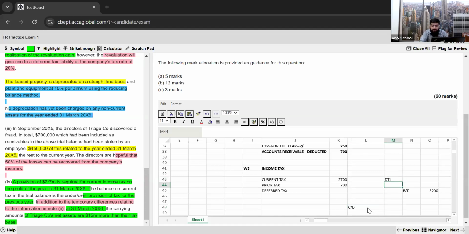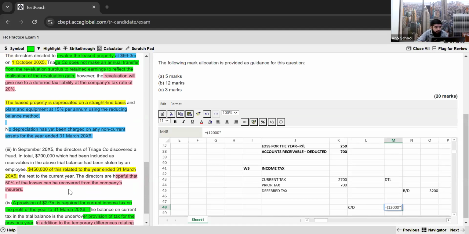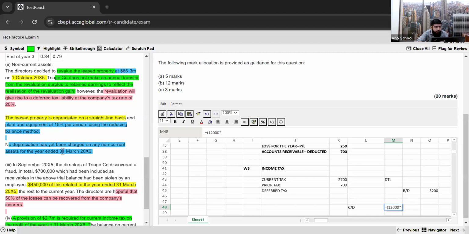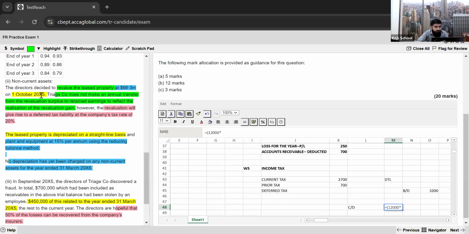So 12 million, yes, 12,000, and we will apply the tax rate to calculate the deferred tax liability, and the tax rate is 20%, which is given in adjustment number 2. Now, this will give you the deferred tax liability closing balance.